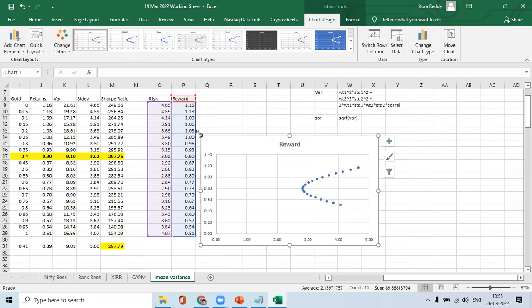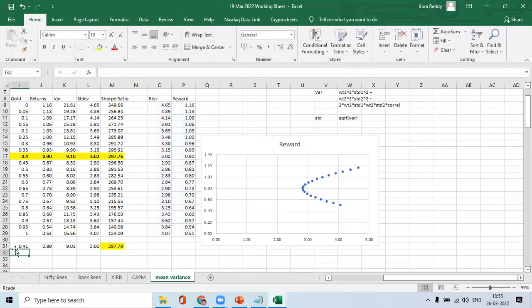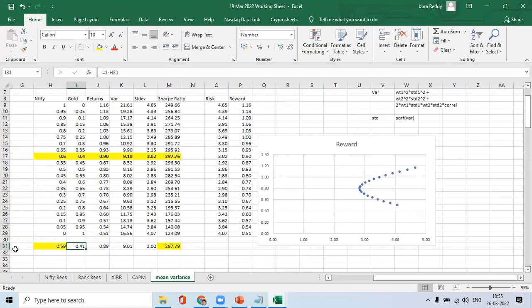As you go up, your returns increase. Now there has to be a midpoint where you are taking lower risk and getting optimal returns. So that point is this. Right? So that is your same equation. So this equation boils down to 0.59 of Nifty and 0.41 of gold.